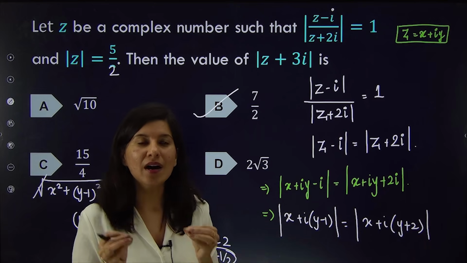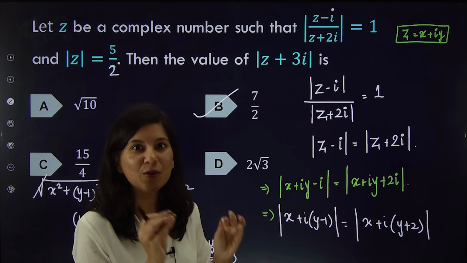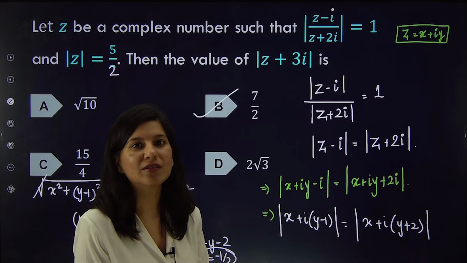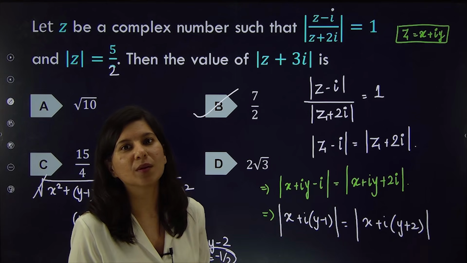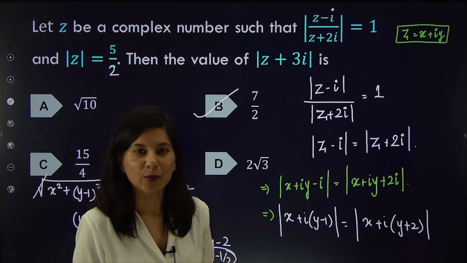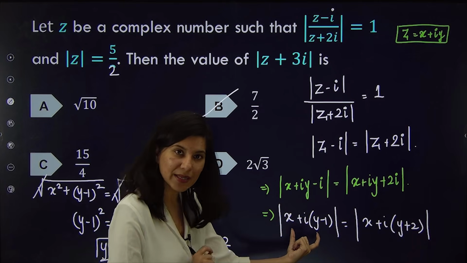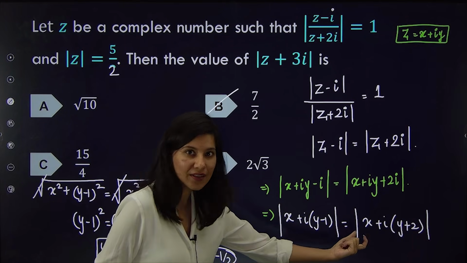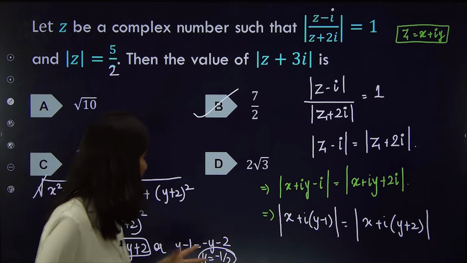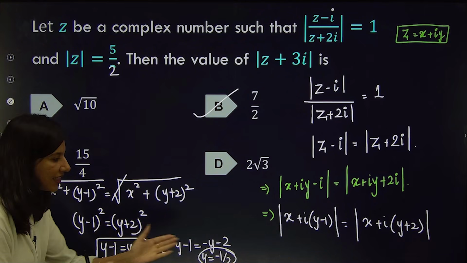And some questions from JEE Main also, only this thing. The moment you see z, put x plus iy. Then take modulus, separate the real and imaginary part, take modulus both the sides and obtain the condition.